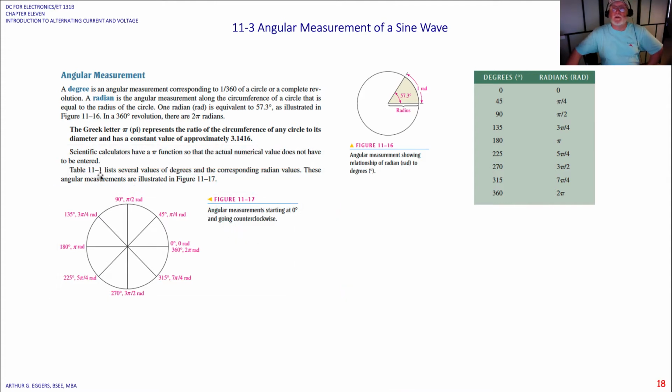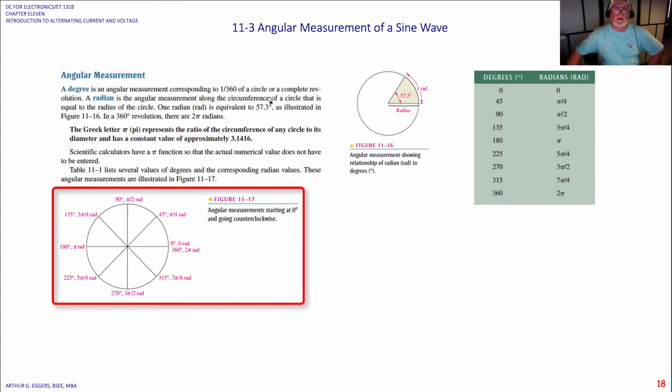The table to the right lists several values of degrees and corresponding radian values. These angular measurements are illustrated in 1117. You can see how in 1117 we take the circle and cut it up into pieces, from 0 to pi over 2, cut that in half, pi over 4.